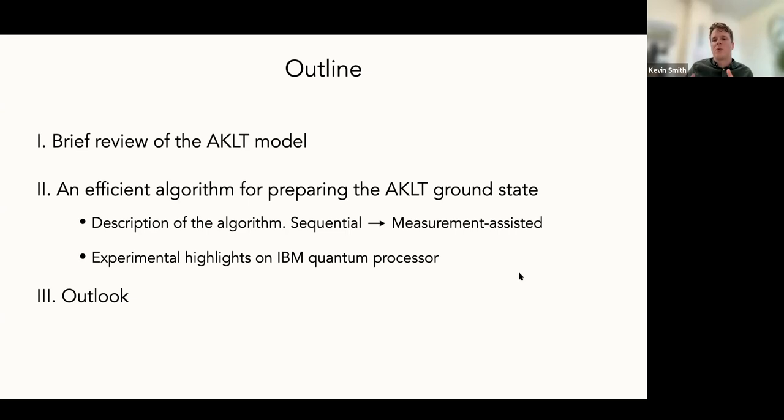And this will form the backbone for how we can then speed up this procedure with these additional resources. And then as long as there's time, I'll also share these experiments where we actually run some of this on an IBM Quantum processor with the goal of showing that this measurement-assisted approach to preparation can really outperform its purely unitary counterpart. And then I'll conclude with some thoughts about how this connects with other work recently in the field.